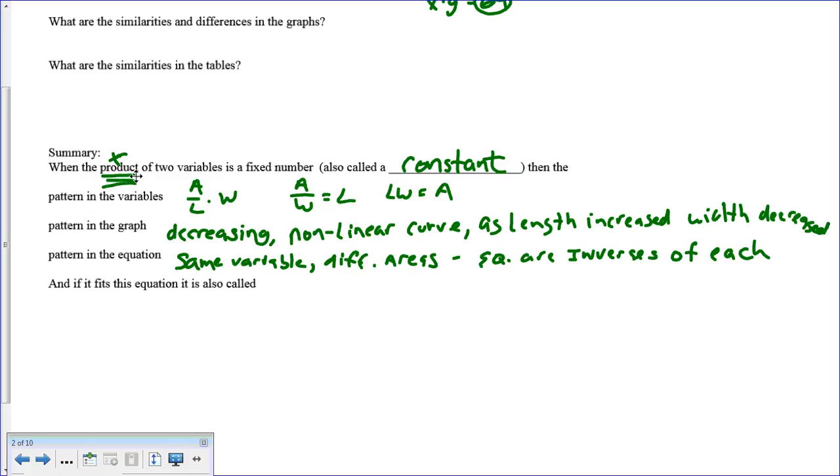I could use my solving equations method of using my inverses to move things across the equal sign, and I could find different parts as opposed to multiplying. Right? We divided, we multiplied. So this whole thing says, and if it fits this equation, it is also called, and this was the big word, inverse variation. This is not linear. We call this an inverse variation.